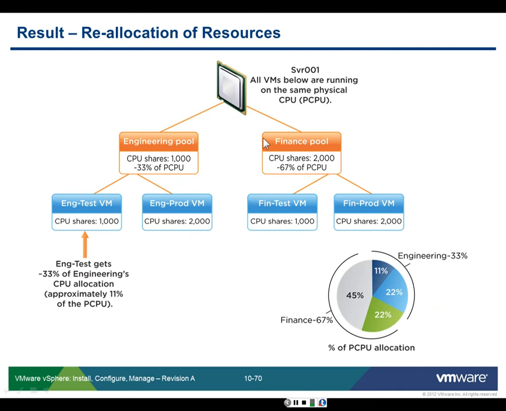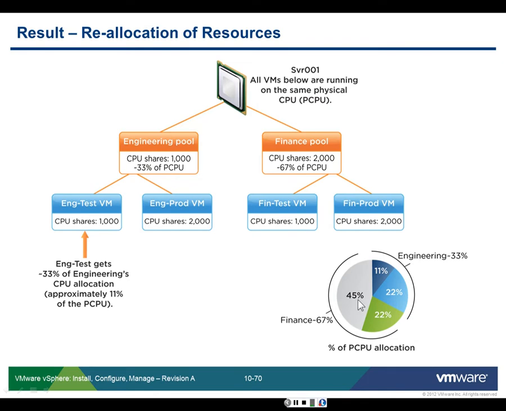So here's how it would break down. The finance production virtual machine, which gets 2/3 of the finance pool, which gets 2/3 of the ESXi host, that virtual machine gets a full 45% of the entire ESXi host.